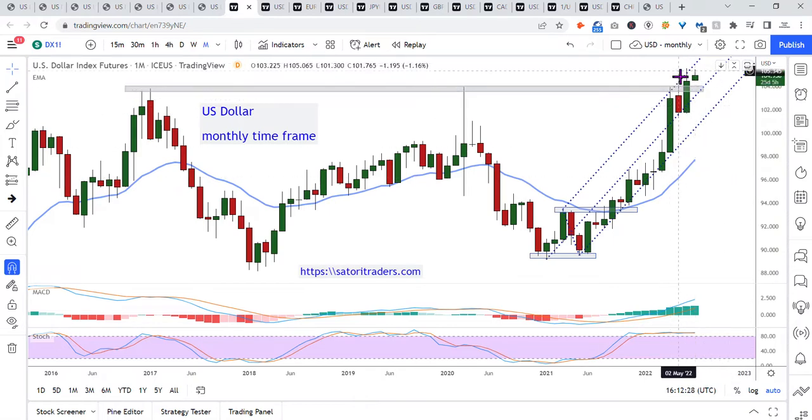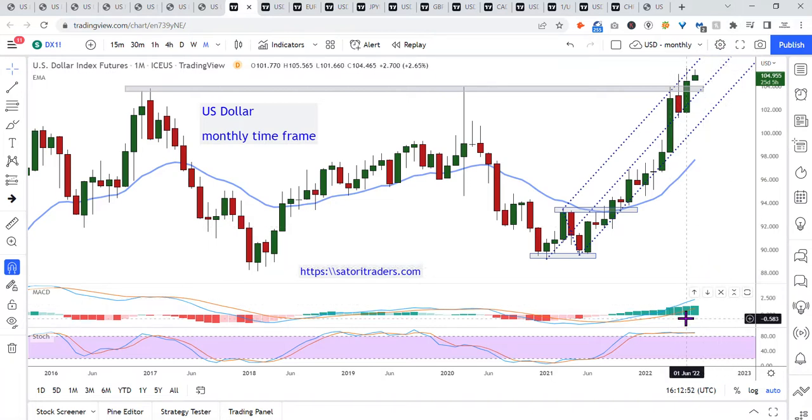Well, the dollar's pushing into resistance. This is the upper median line of this Andrews pitchfork. We've also pushed through this resistance level, which is a double top, triple top. But notice that we've pushed through and could be pulling back for a retest of that as support now before the dollar heads even higher.